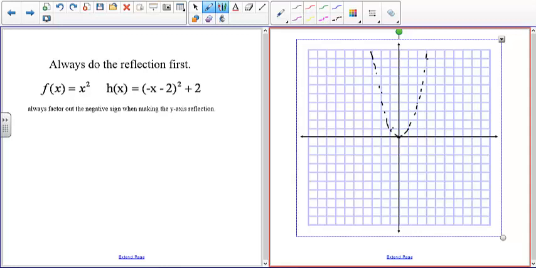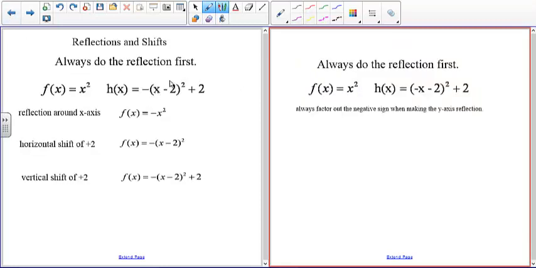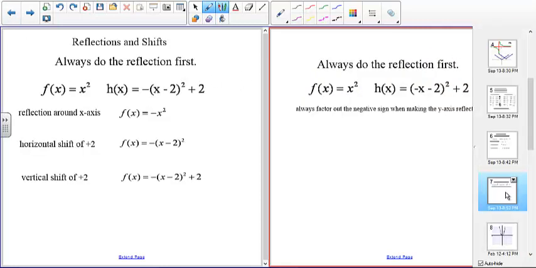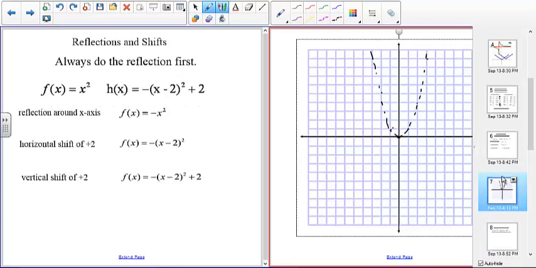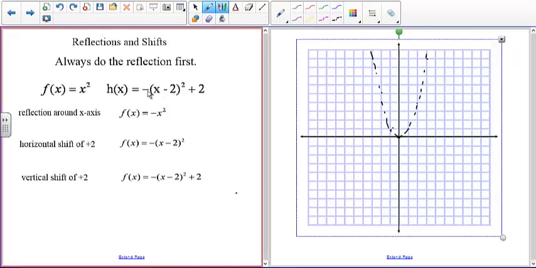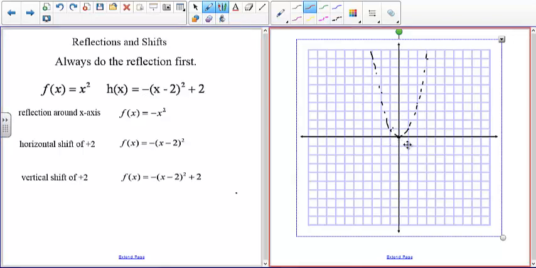Okay, now the first thing you do is, actually I'm meant to do this one here because that's different. So let's move this up one. We're going to do this one first, where the negative sign's out front. So what that says, negative, we're going to take the parent function and flip it across the x-axis.